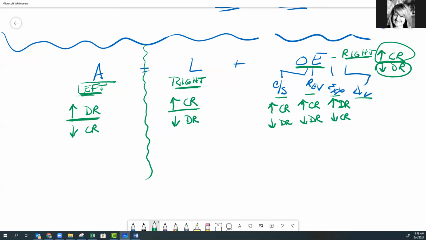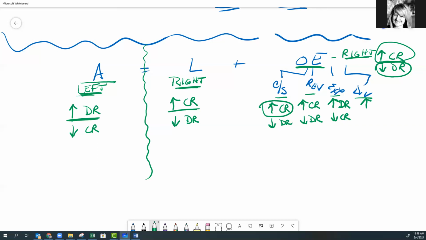Let's talk about dividends. Dividends are the same way. Remember, dividends are when we give money or property back to our stockholders. When they give us money, common stock increases and owner's equity increases. When we give it back to them in the form of a dividend, owner's equity decreases, right?